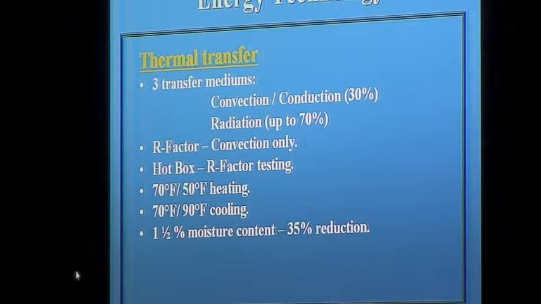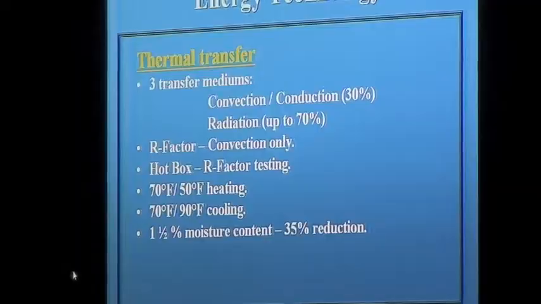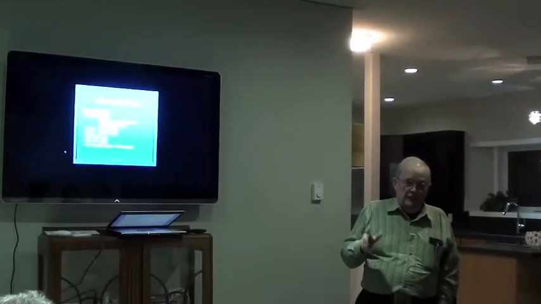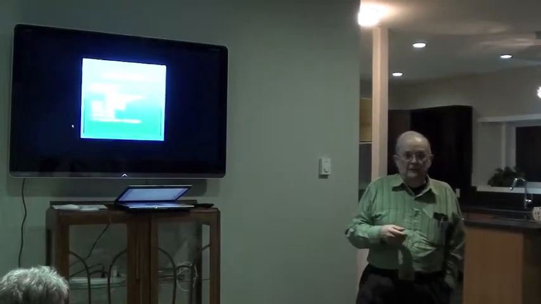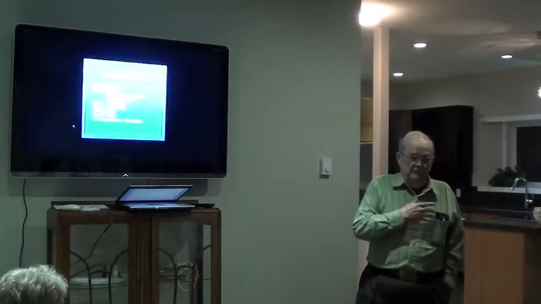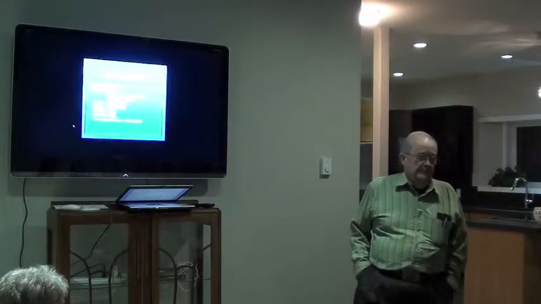The transfer mediums, of course, are convection, conduction, and radiation. And here again, you go on the computer and look at this information. Now, if you look at a standard R20 wall or a fiber wall system, radiation goes through an R20 wall, so it's not even accounted for.